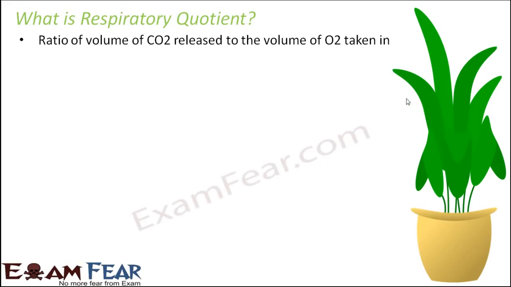As I said, respiration is all about taking in oxygen and giving out carbon dioxide, right? So how much carbon dioxide is given out divided by how much oxygen is taken in, that is respiratory quotient.